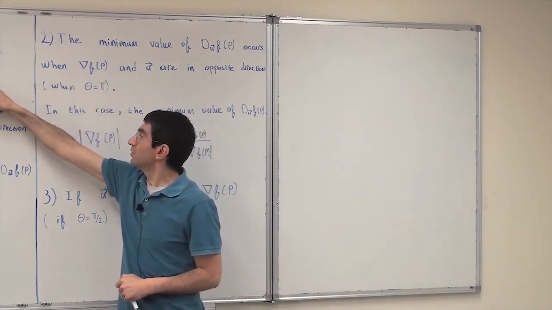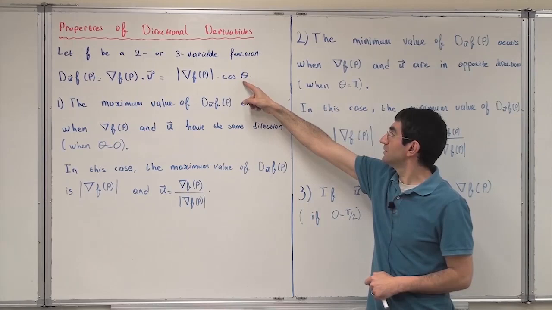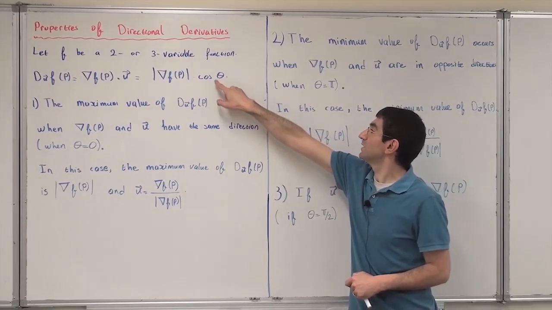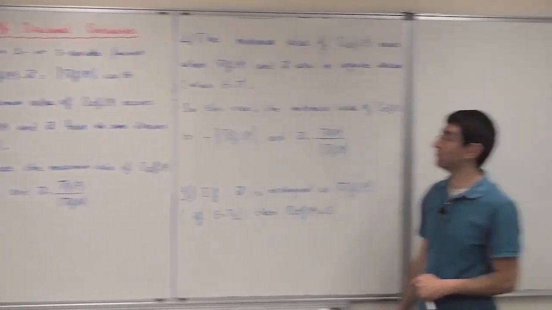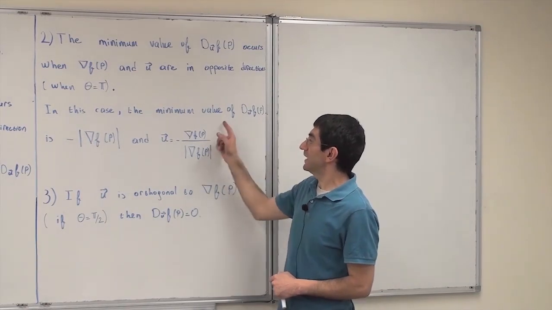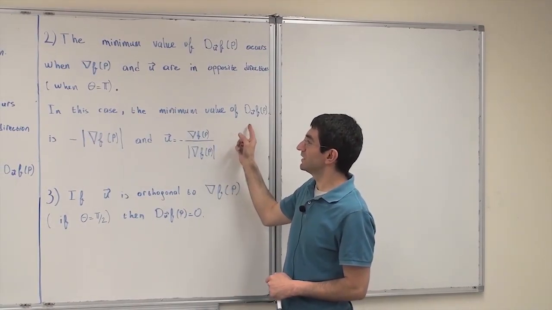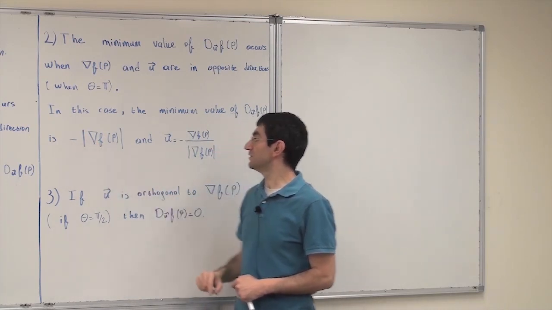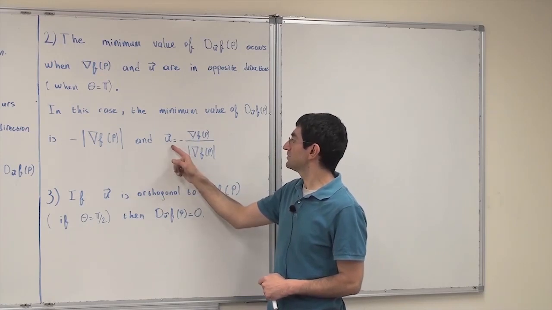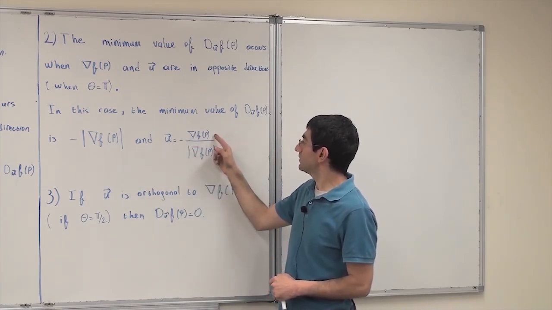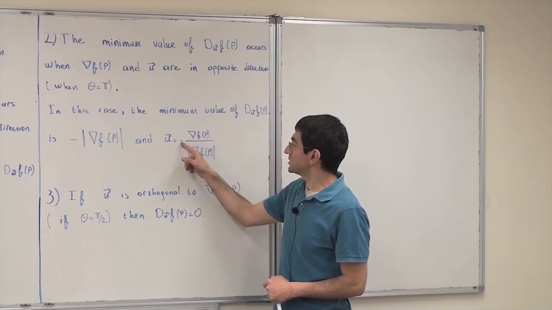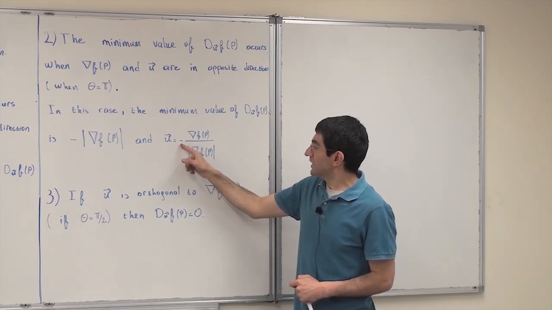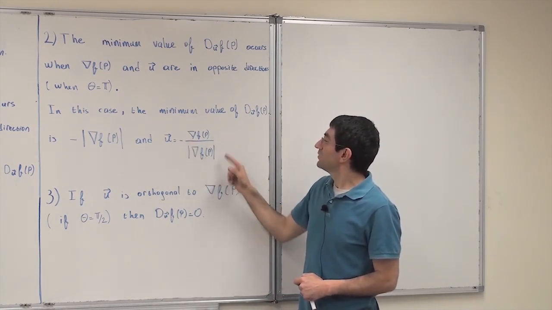So again, if we go back to the formula and put pi for theta, the directional derivative is going to get its minimum value because cosine will get its minimum value, which is -1. Now, in that case, the minimum value of the directional derivative is going to be negative the magnitude of the gradient vector, and the direction vector is going to be the unit vector in the opposite direction. This minus will tell you that this vector is in the opposite direction of the gradient vector.